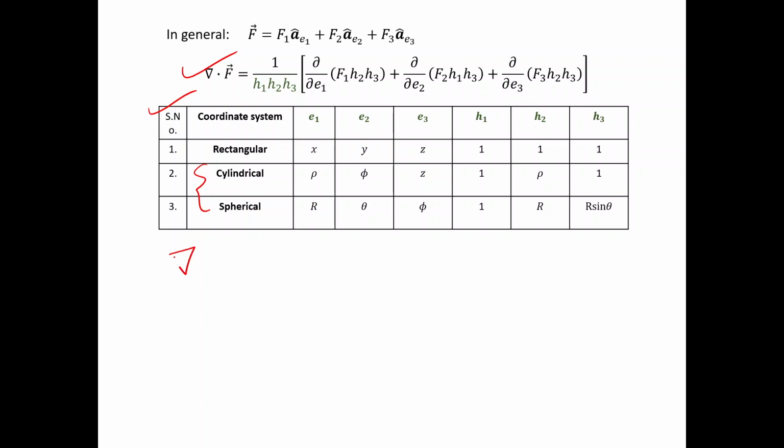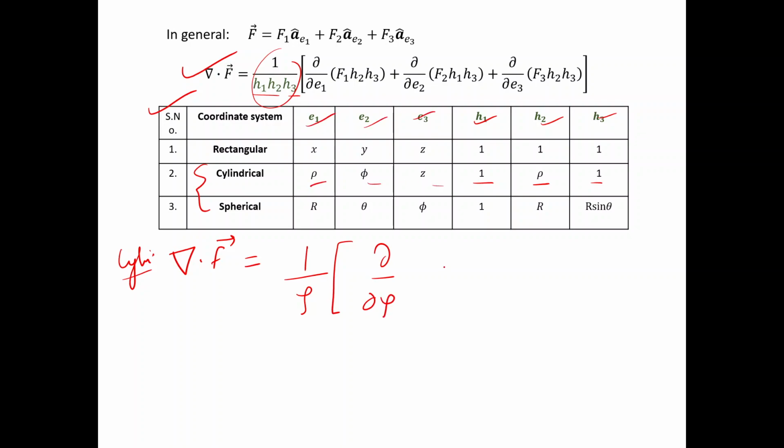For example, del dot f in the cylindrical system, we have h1 h2 h3 for cylindrical: 1, rho, 1. That means we can write 1 upon rho and then d upon d rho of f1 times h2 h3, which is rho times 1. This is a scalar quantity.